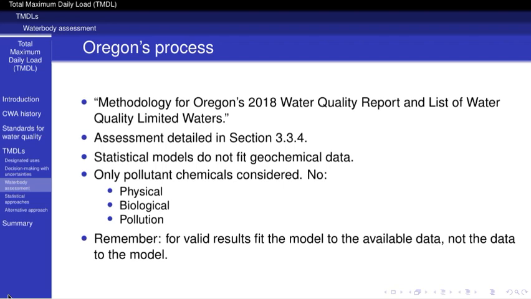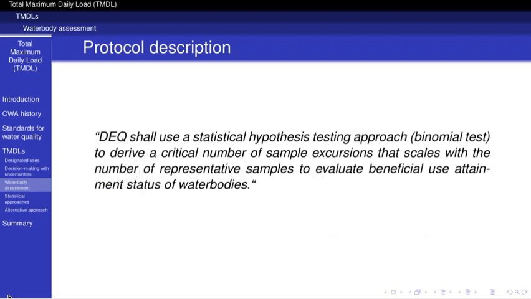A fundamental rule in statistical data analysis is to fit the model to the data, not the data to the model. The first sentence of the DEQ description reads, "DEQ shall use a statistical hypothesis testing approach, binomial test, to derive a critical number of sample excursions that scales with the number of representative samples to evaluate beneficial use attainment status of water bodies."